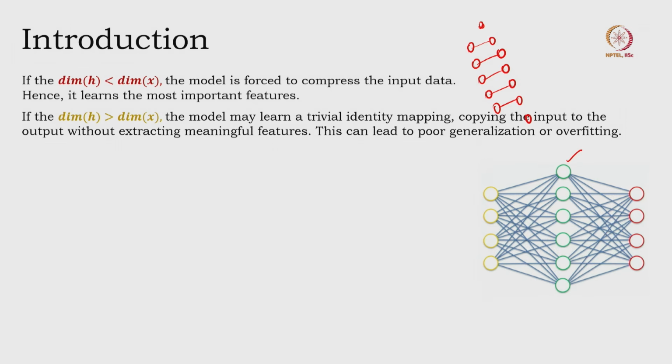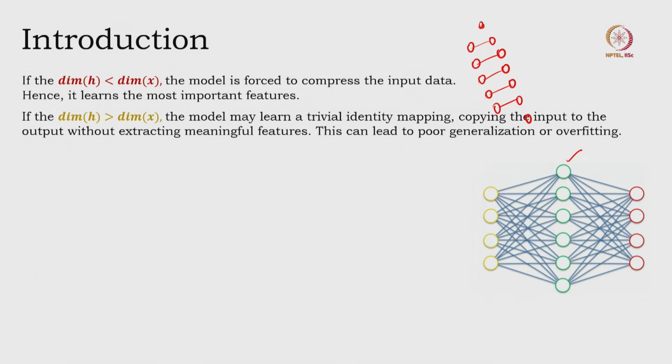There shouldn't be a simple identical mapping. It should not be an identity mapping. Even if the number of neurons in the hidden layer is larger, you should still make the model learn the important features.